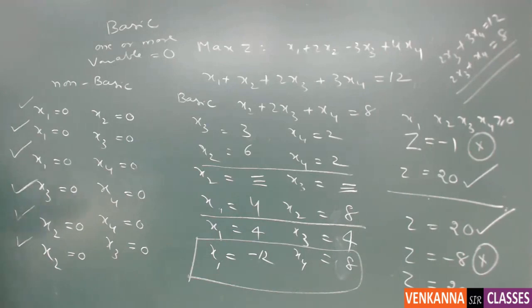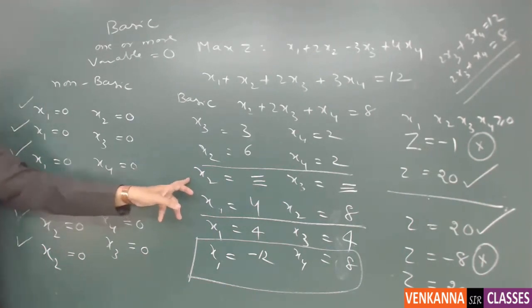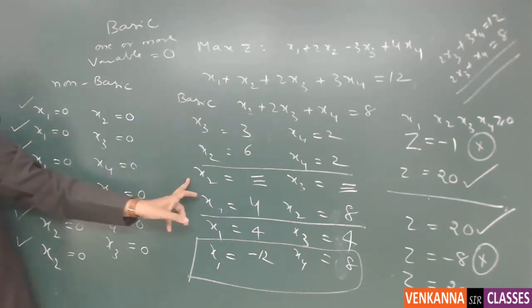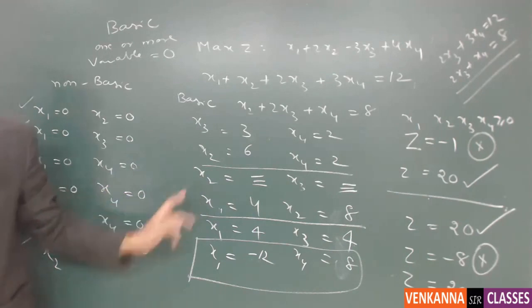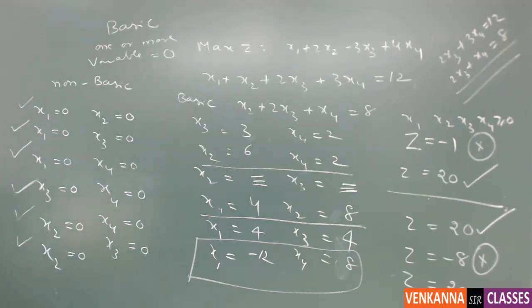So which are degenerate? x3, x2, x3 you didn't get here, right? These are degenerate. And you can say minus 8 thing also degenerate.